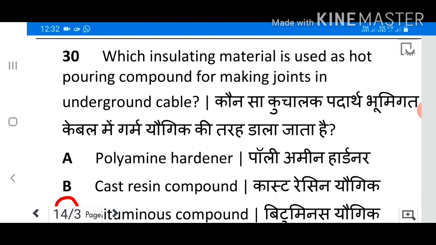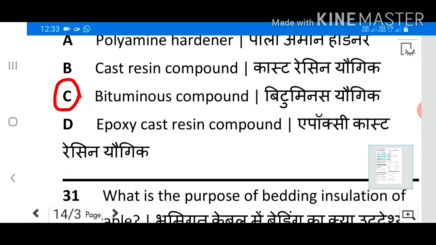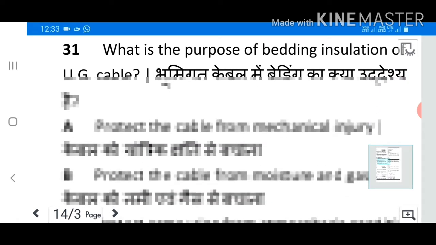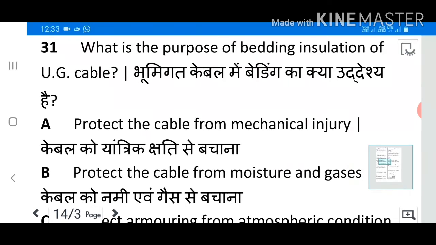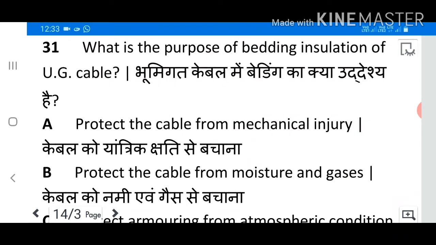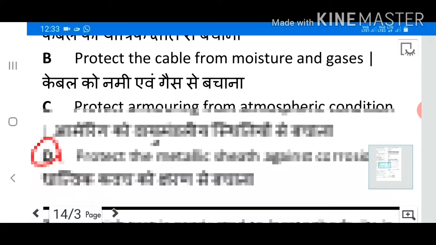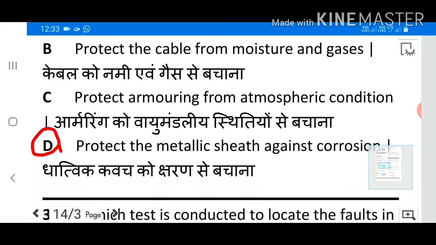Which insulating material is used as hot pouring compound for making joints in underground cable? Answer C. Bituminous compound.